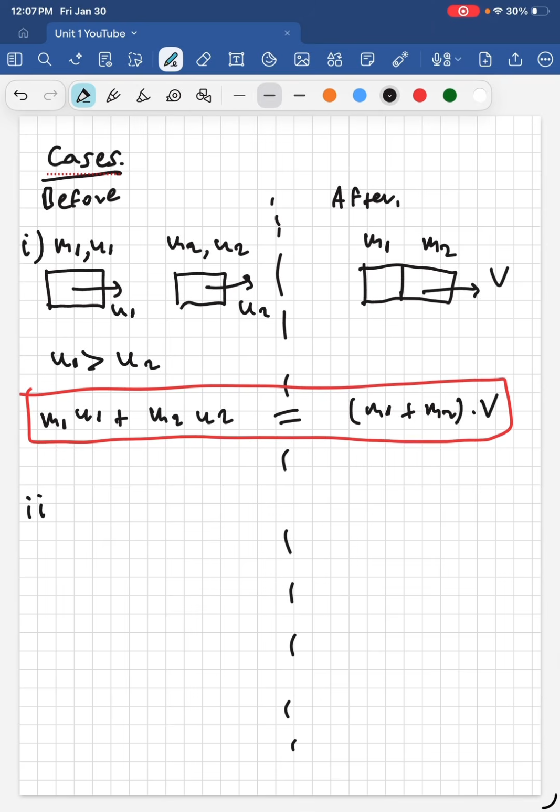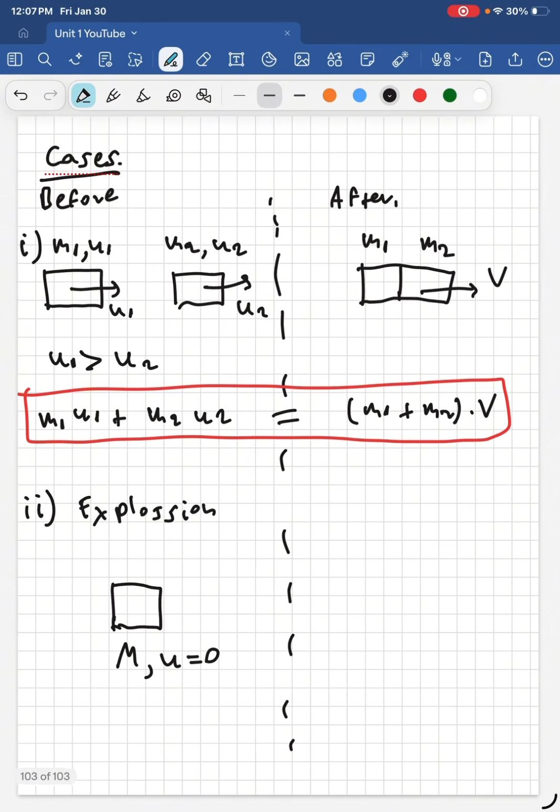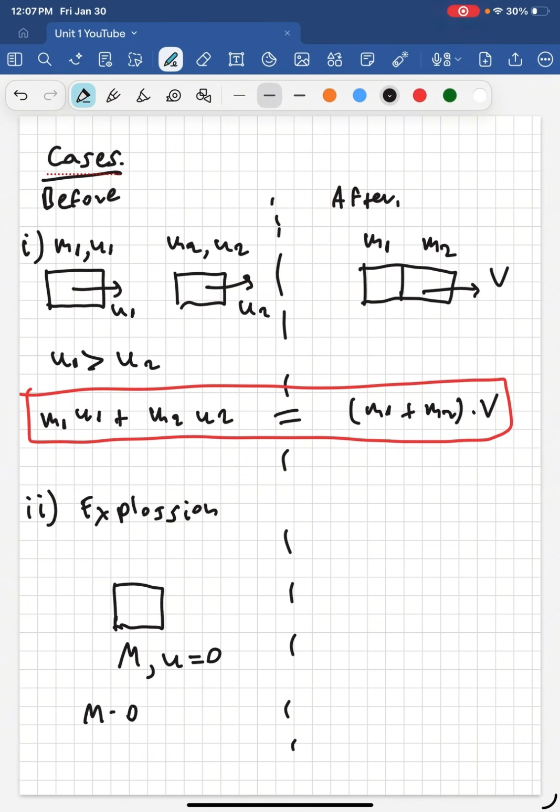Let's talk about case 2, which is the case of an explosion. So we have something that explodes somehow. We don't care how, but the mass before is m and the velocity is 0 because it's stationary. So the momentum before is 0, right? M times 0 is 0.